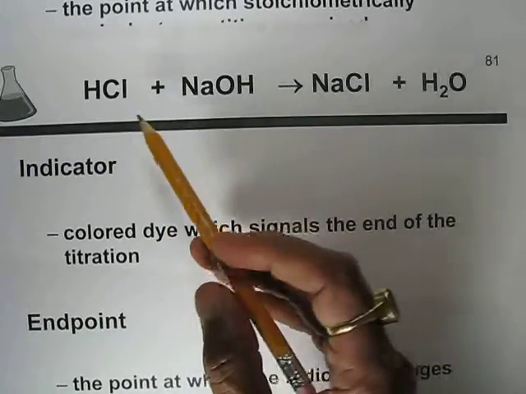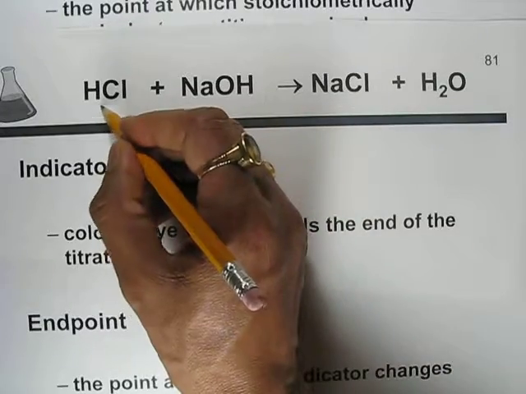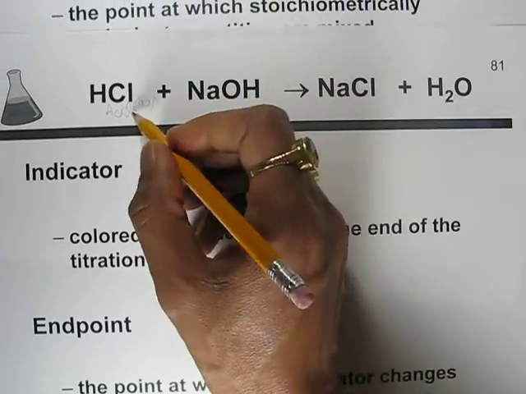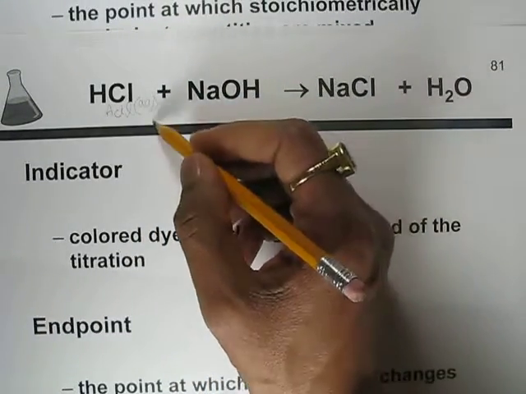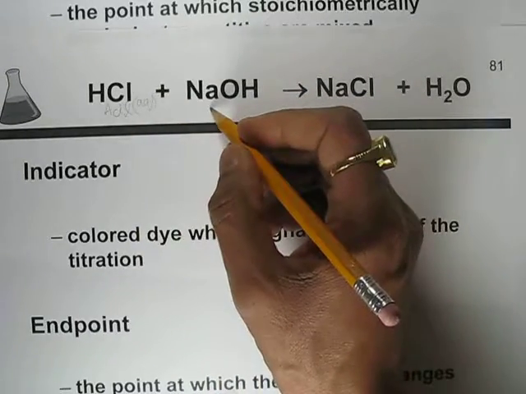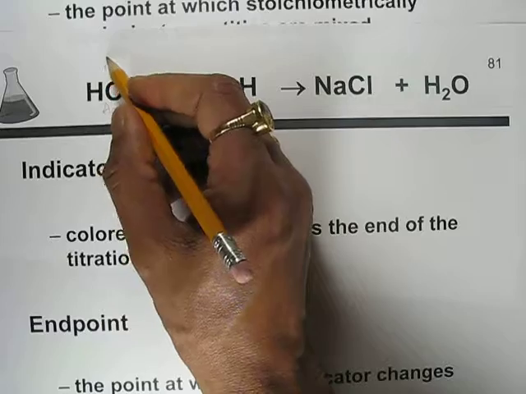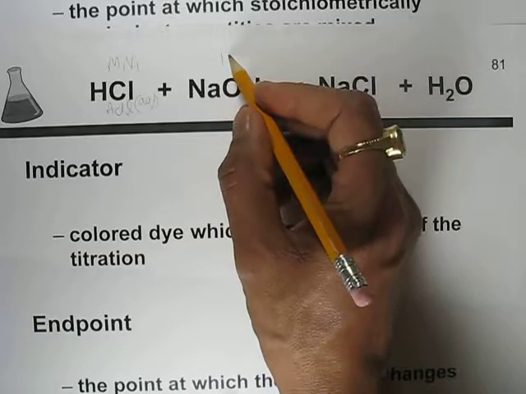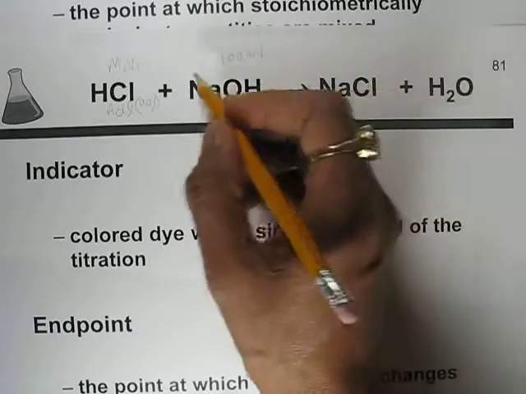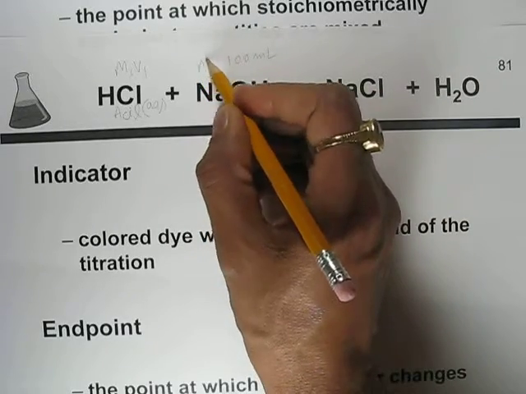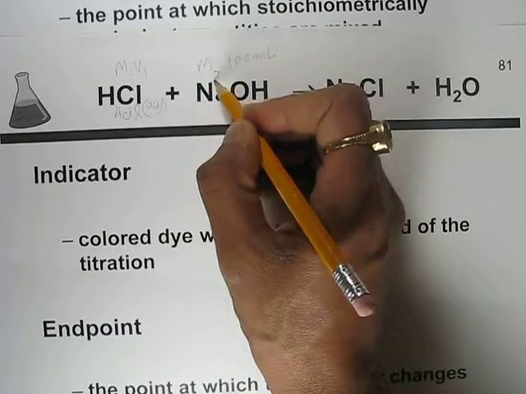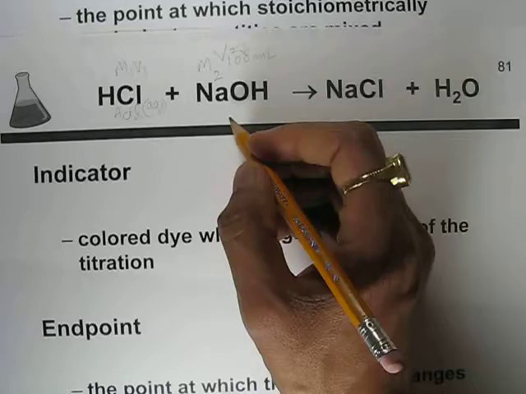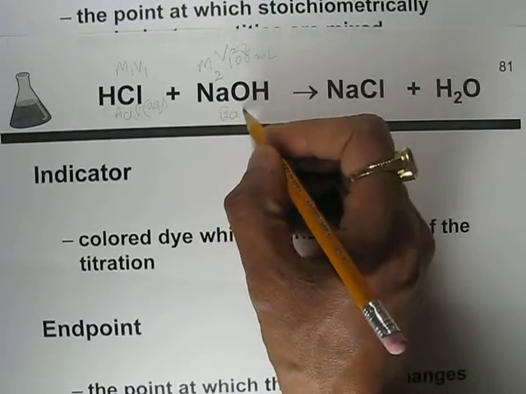For example, HCl is hydrochloric acid, an acid solution. If I dissolve this HCl in water, it becomes an aqueous solution of HCl, which is acid. Suppose we know M1 and V1 for this HCl, and we have 100 ml of NaOH, and we don't know what its molarity M2 will be, and this is V2, 100 ml of NaOH, the base sodium hydroxide.